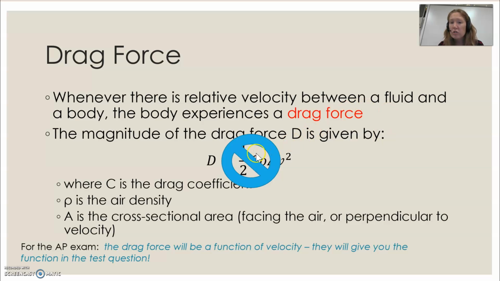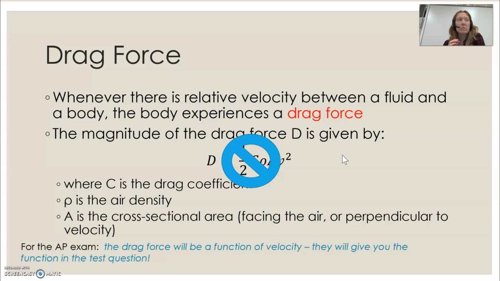It is probably going to be a constant times the velocity, a linear function of velocity, or a constant times the velocity squared. So you are never going to use the equation from the book. You're just going to use the equation that they give you on the test.